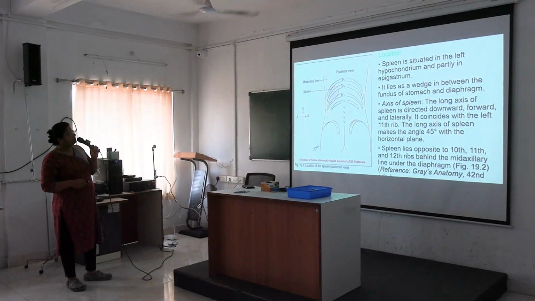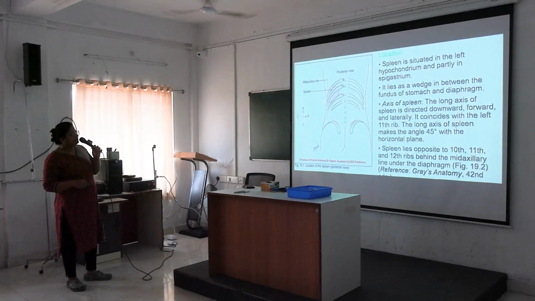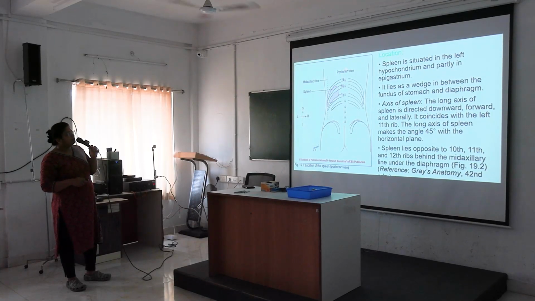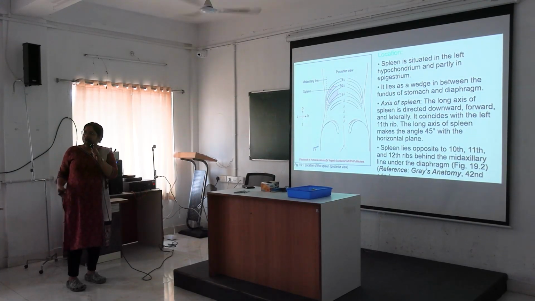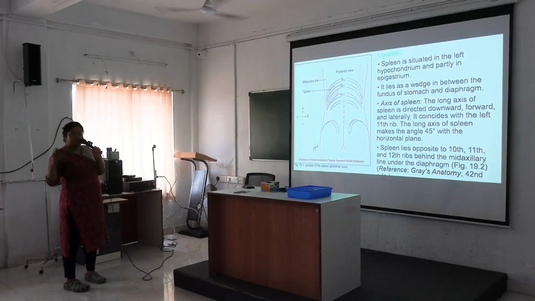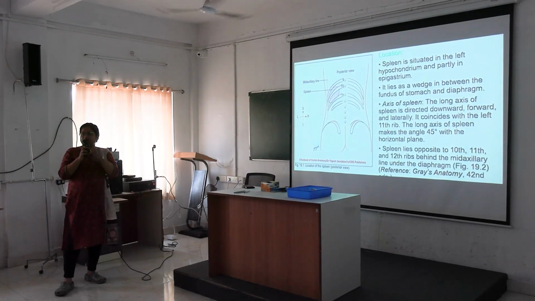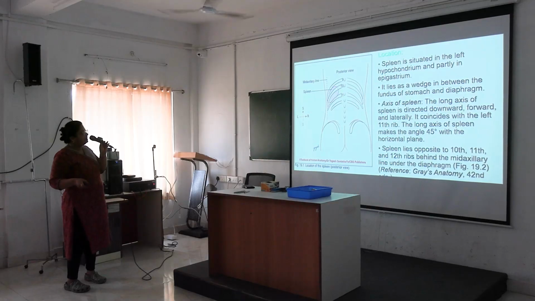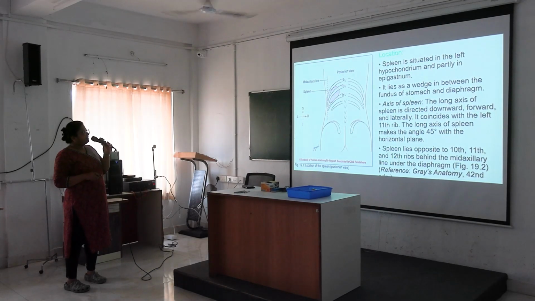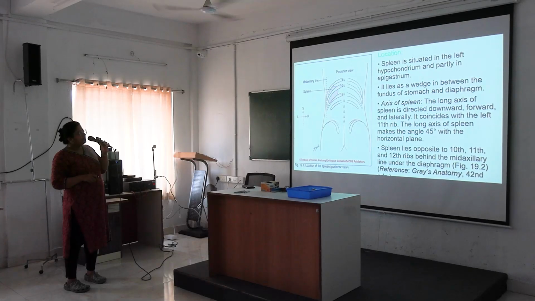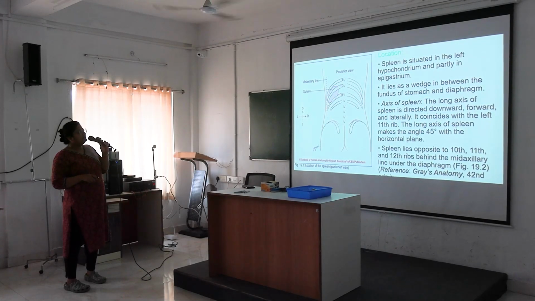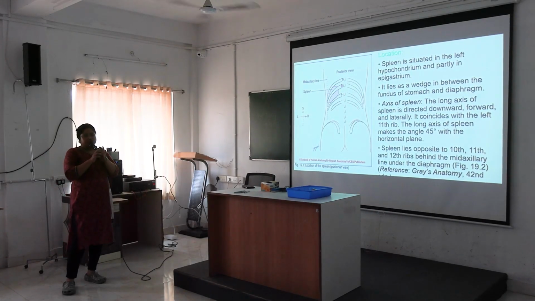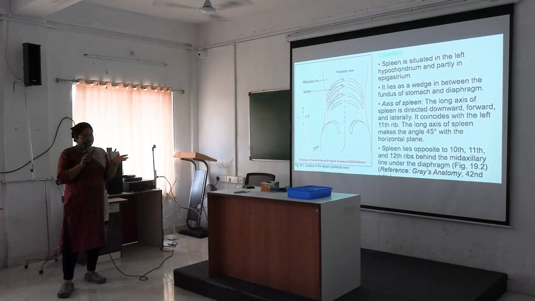What is the location? You can see this represents the location, a posterior view from the posterior aspect. As you have seen in the cadaver, the spleen is present posteriorly near the ribs, the posterior part of the ribs. This is the mid axillary line, and you can see the spleen is lying against the 9th, 10th, and 11th ribs. While palpating the spleen, you place three fingers against it.